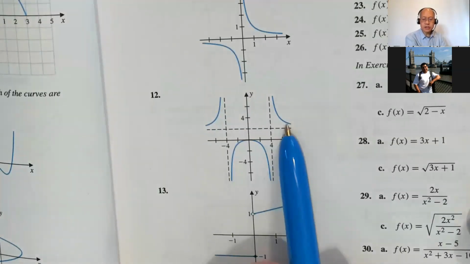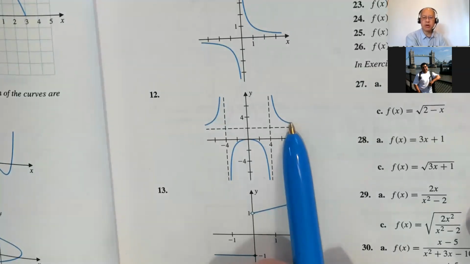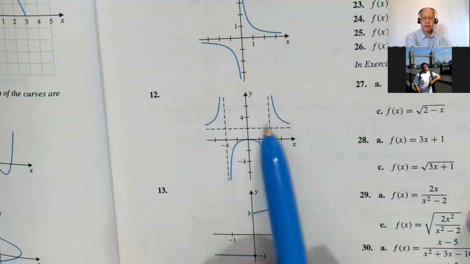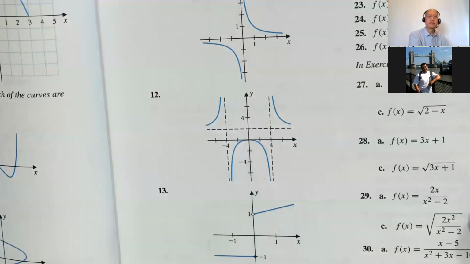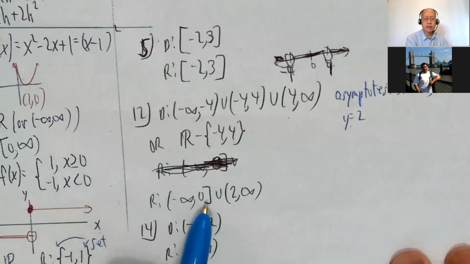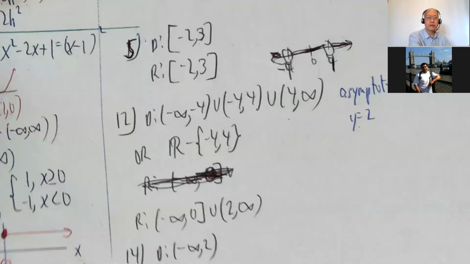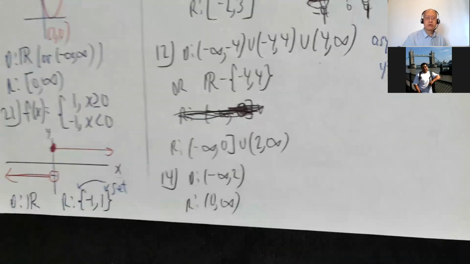You don't quite touch 2. You get really close to 2, like 2.0001, but not quite 2. And it looks like it shoots up. So parenthesis, negative infinity, 0, bracket, union 2 to infinity. Don't count the 2 to infinity.